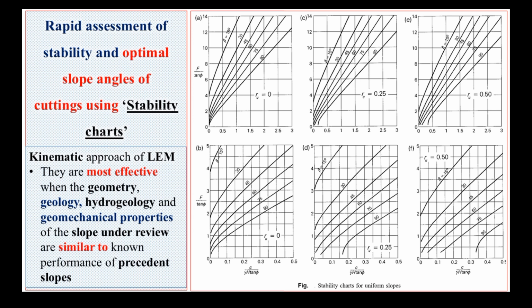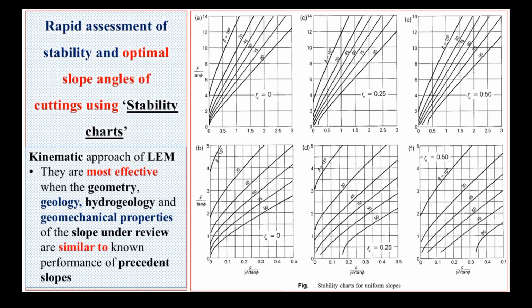This is a challenge for the site geologist, where the actual ground condition that is manifested by excavation is not quite equivalent or similar to the known performance of precedent slopes, then it will create a difficulty for decision making of the site engineer or engineering geologists.